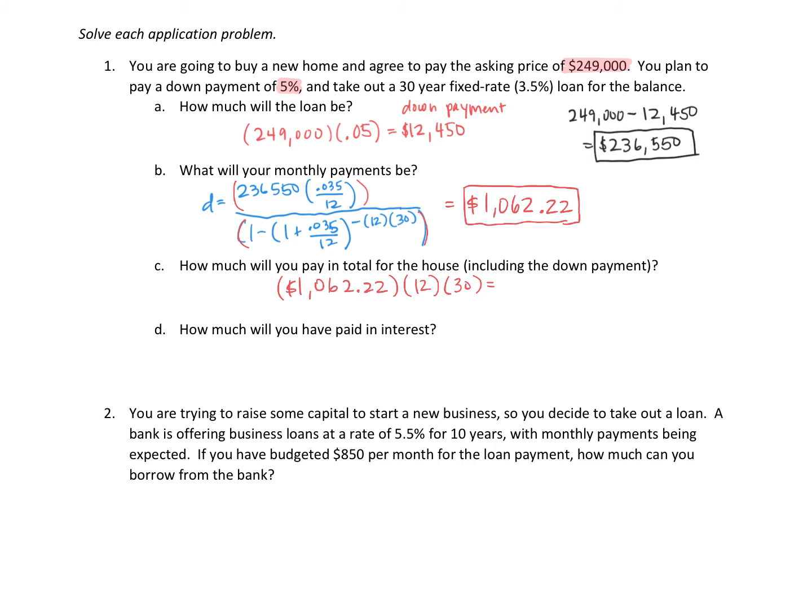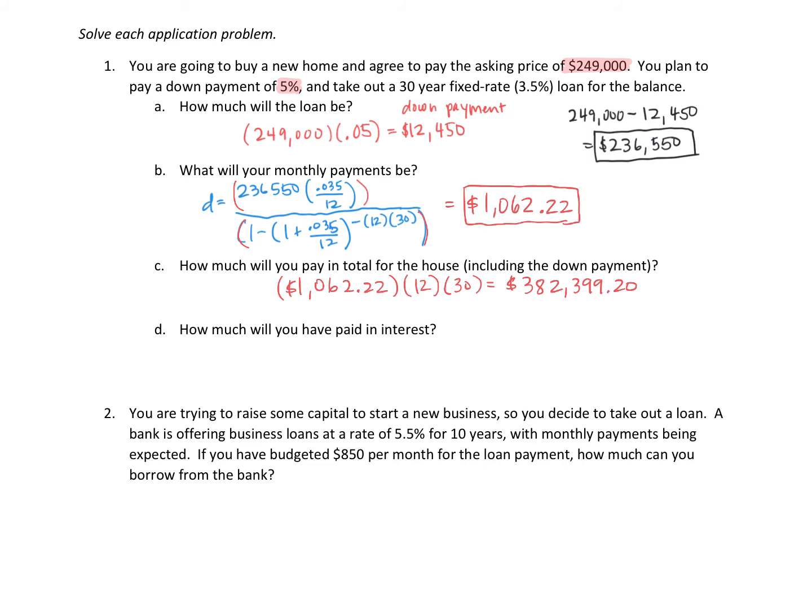So let's see what we get. $1,062.22 times 12 times 30. That's going to be $382,399.20. Okay, that's the amount of your monthly payments.